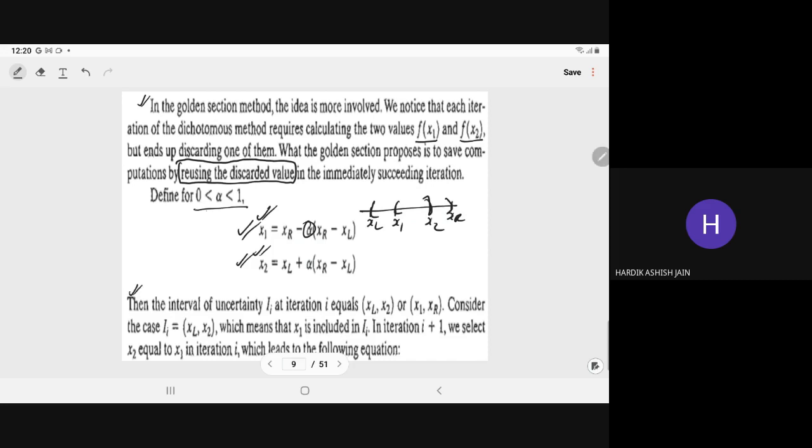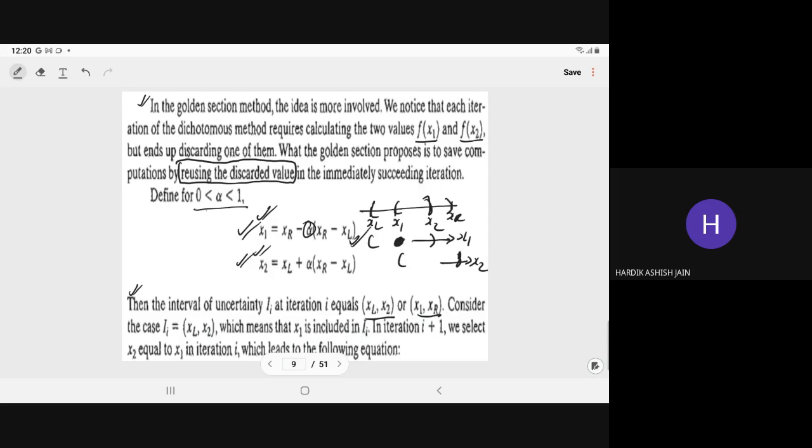The interval of uncertainty at iteration i is either xl to x2 or x1 to xr. In one case we have discarded x1, and in the other we have discarded x2. We explain by considering the case xl to x2, which means x1 is included in the next iteration.